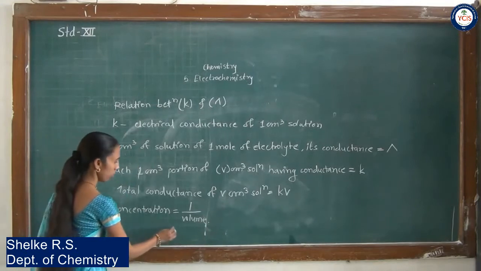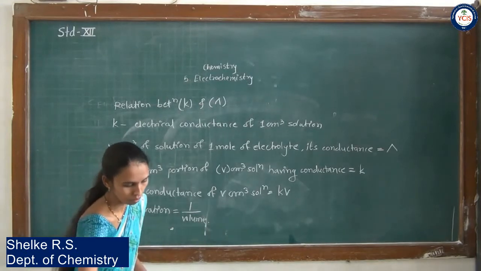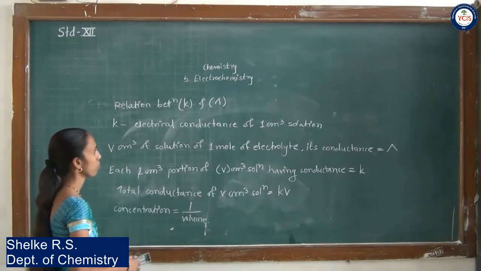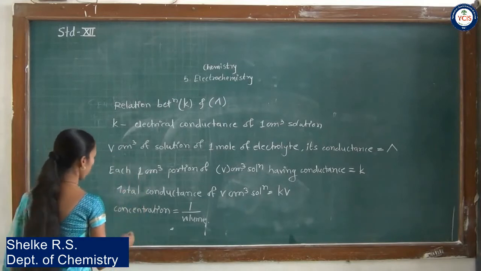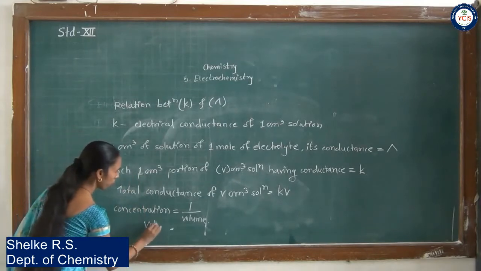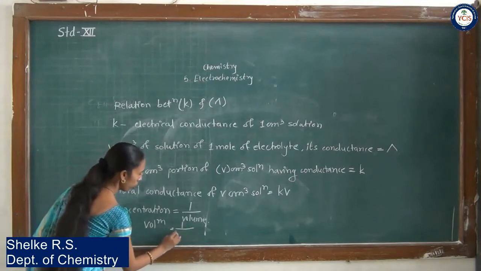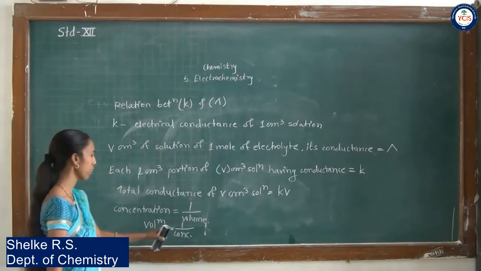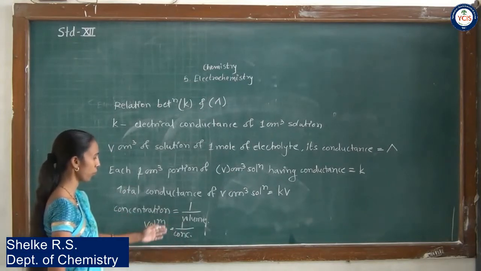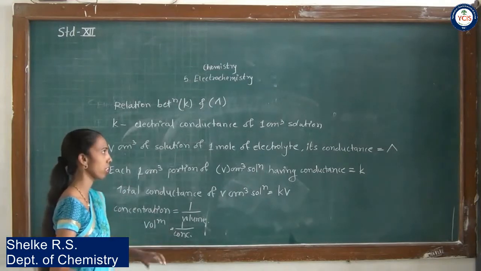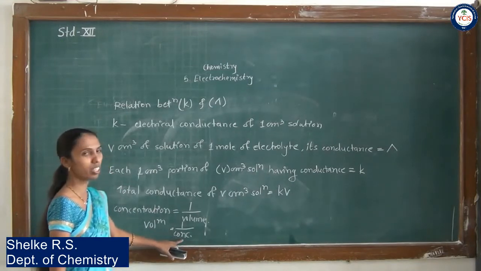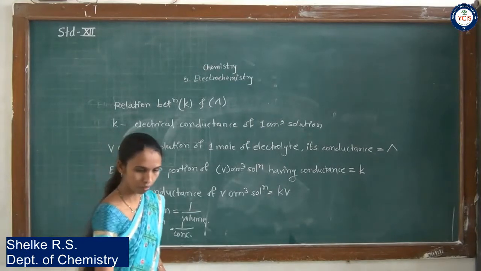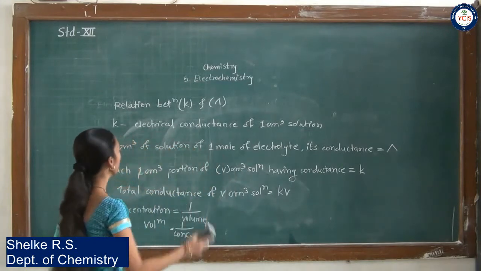That means, you can write it down, volume is equal to 1 upon concentration. Volume is nothing but 1 upon concentration. Anyway, you can write it down. Okay, so volume is equal to 1 upon concentration. Now the concentration of solution we are considering in mole per liter. So I will write here.